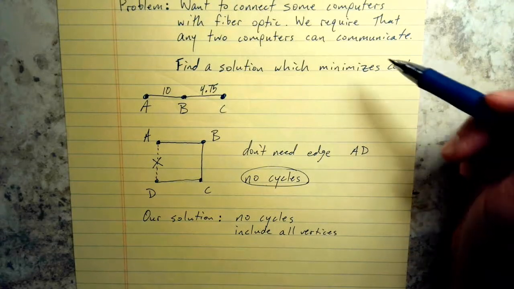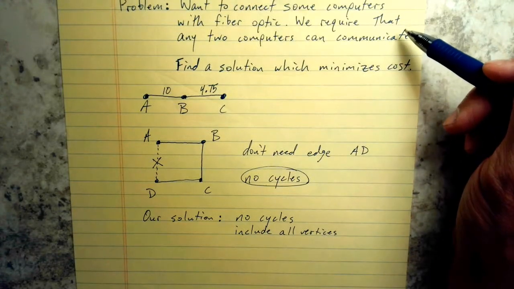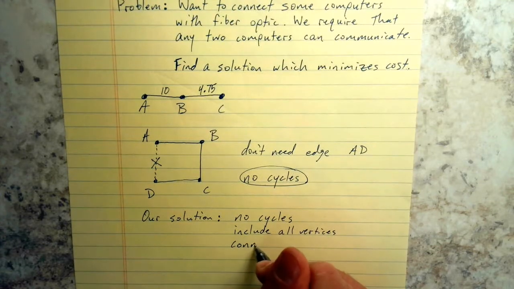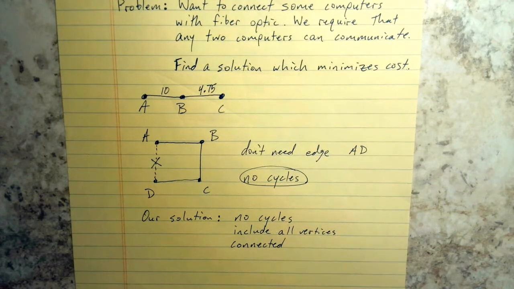And remember, up here we require that any two computers can communicate. And then also we need our solution to be connected, a connected graph, and that ensures that any two can talk. There's no cut where you have two groups of vertices that can't talk to each other.